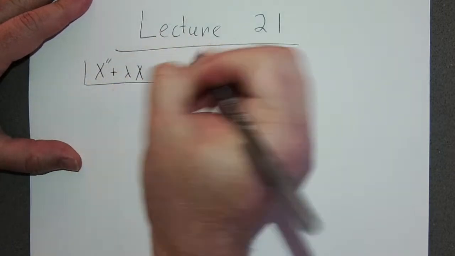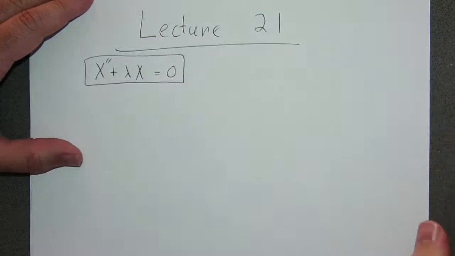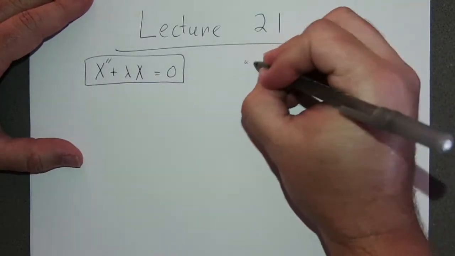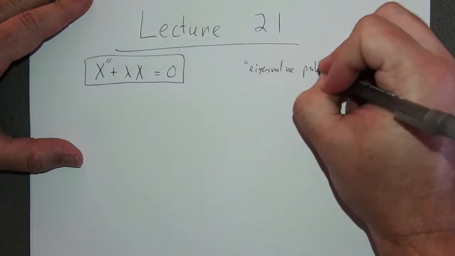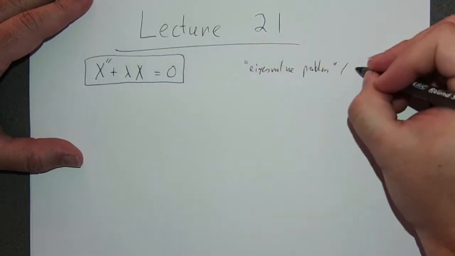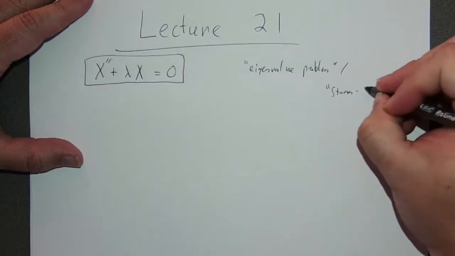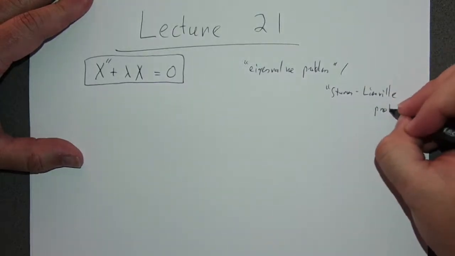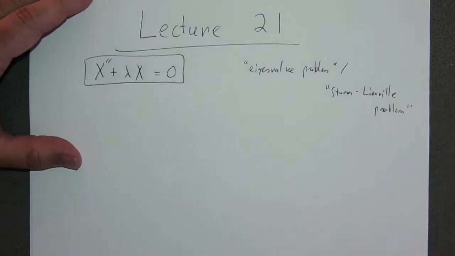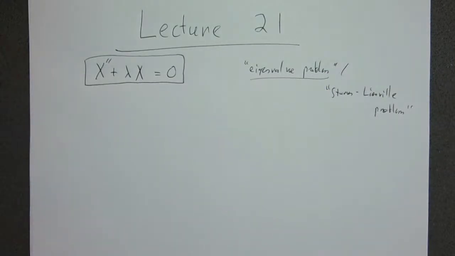This is known as an eigenvalue problem, or a special case of what's called a Sturm-Liouville problem. There are more general things that fall under this umbrella, so you can just think of this as an eigenvalue problem. This is just a special case of a Sturm-Liouville problem.